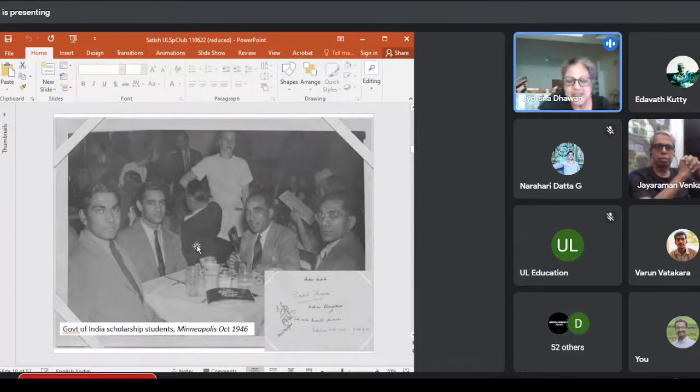Now, I want you to look at this group and say, what is it that distinguishes them? Nothing in particular, except that they are young and they look eager. Yes, they look eager to do things. At this point, they don't know who they are and who they will be and who they will be remembered for being. In fact, sitting next to Satish is his good friend Inder Kapila, who was a friend from Punjab Engineering College.